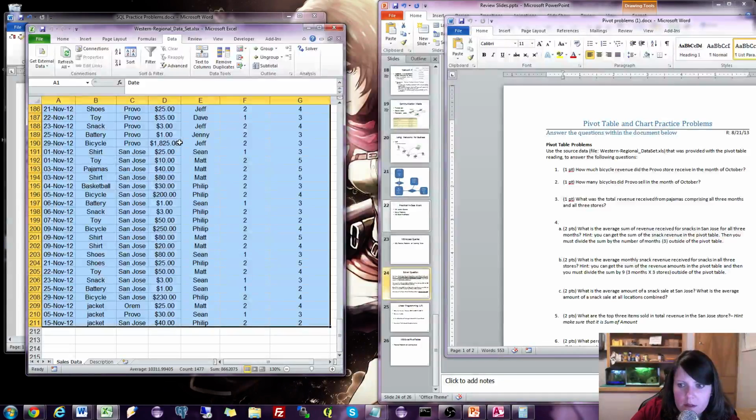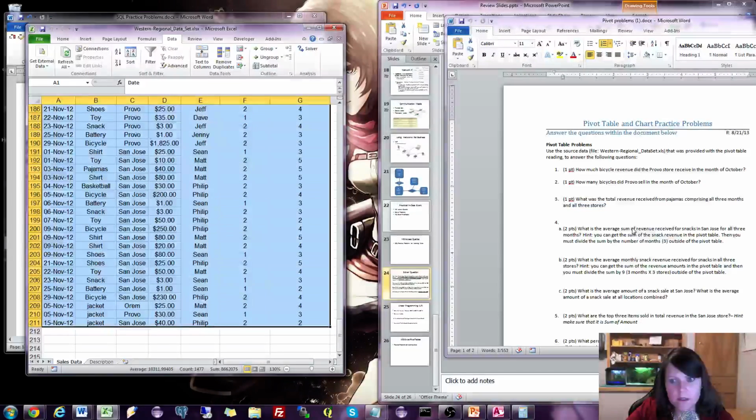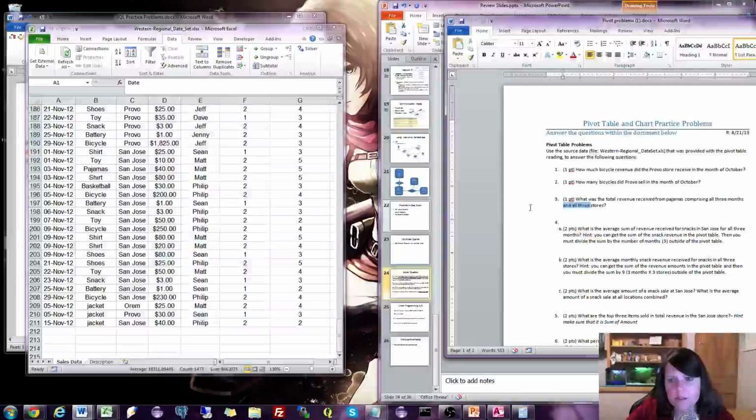Sometimes it's a matter of reading the question carefully, like "all 3 months and all 3 stores." This might trigger in your head, oh, I need to show all 3 months and show all 3 stores, but you really don't, because if you want the total from all 3 stores, you don't even need to show store, you just need to show the total for it. So let's actually skip down and do that one.